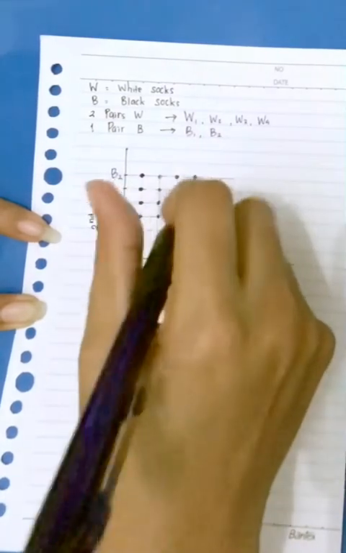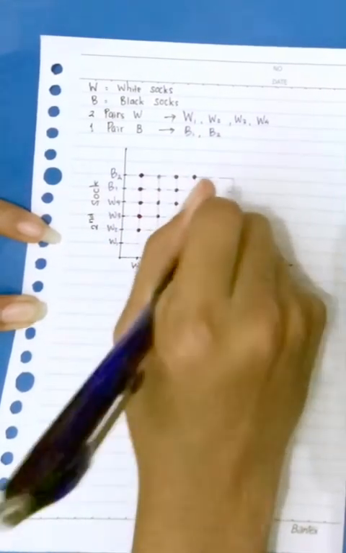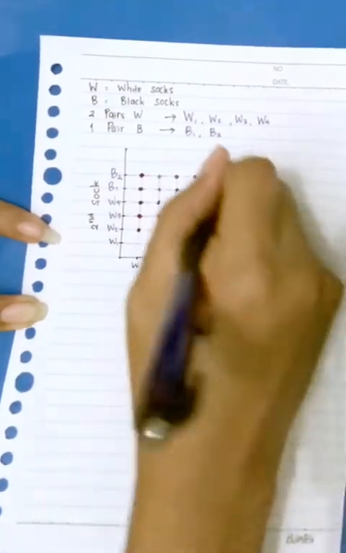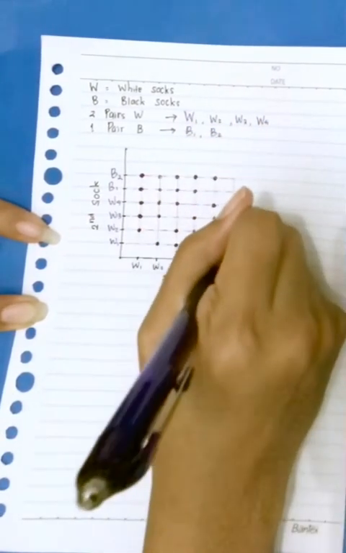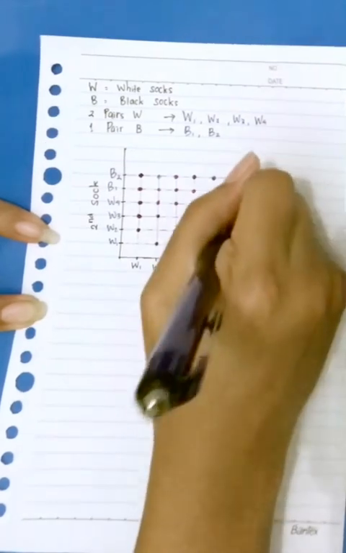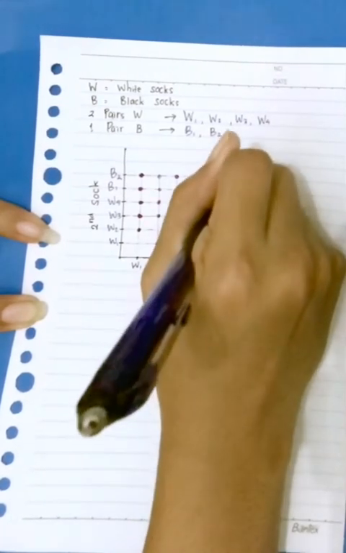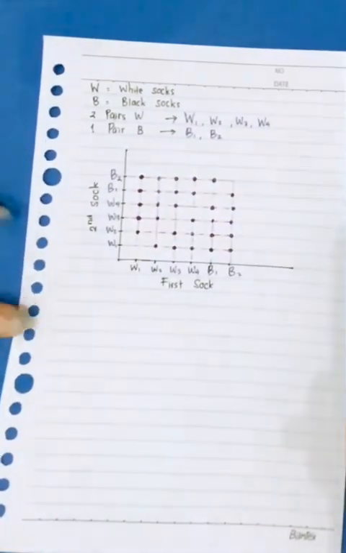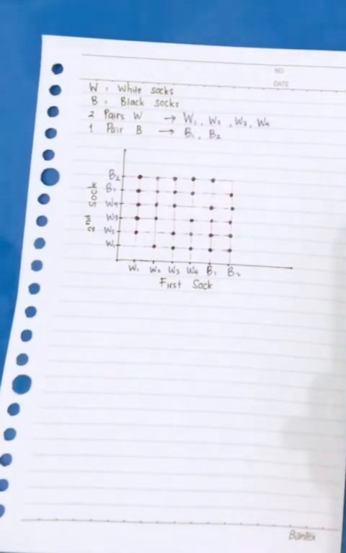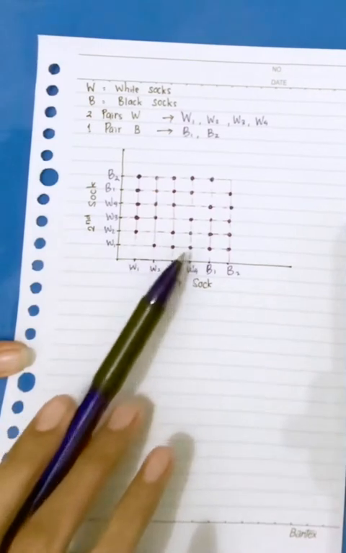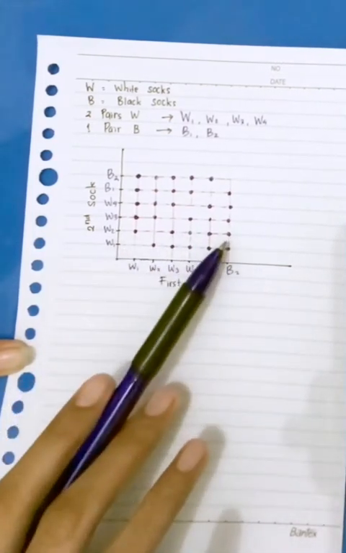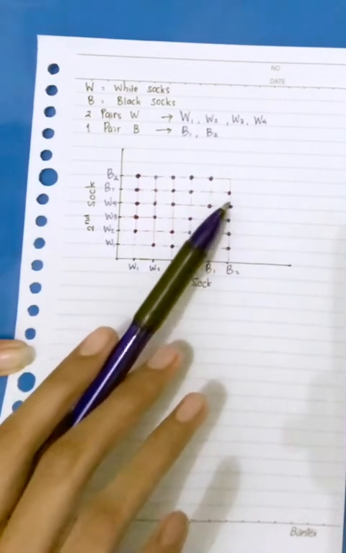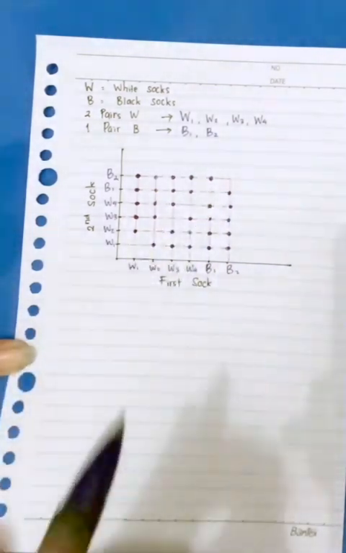And then for B1, we skip B1 here. Then for B2, we skip B2. Okay, now we can see for each row we have 1, 2, 3, 4, 5, right? So n(S) is 5 times 6, which is 30, right?